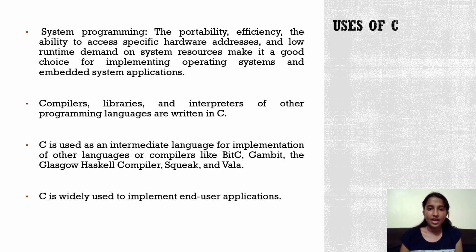Compilers, libraries, and interpreters of other programming languages are written in C. C is used as an intermediate language for implementation of other languages and compilers like BitC, GameBit, the Glasgow Haskell Compiler, and many more. So C is widely used to complement end user applications.